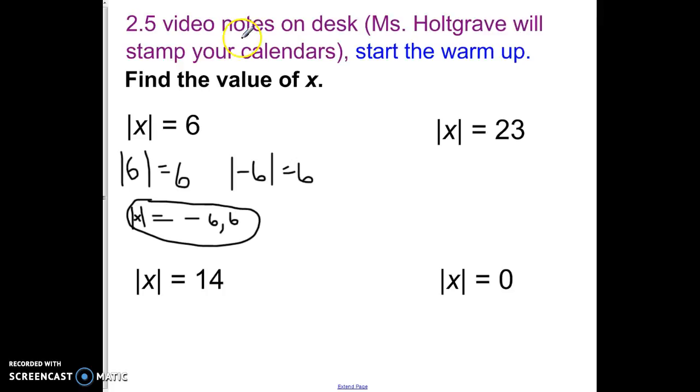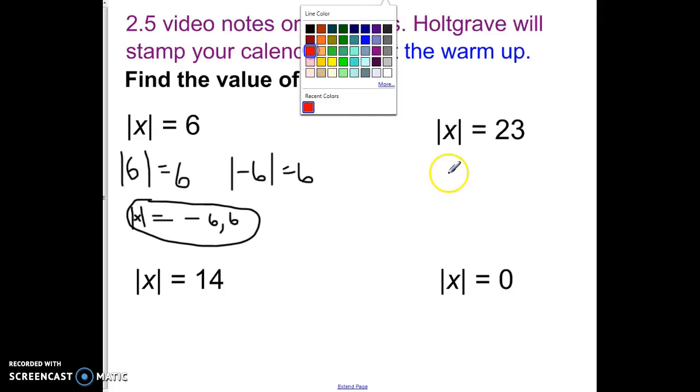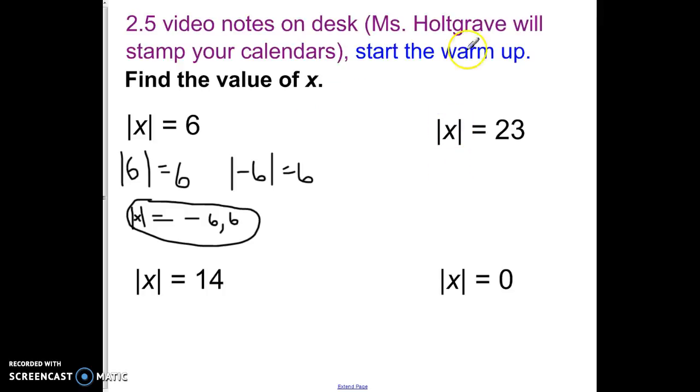I'll switch colors here. So when I'm looking at the absolute value of x here and I'm trying to get a positive 23, I should know that x can equal both a negative 23 as well as a positive 23. The absolute value again is the distance from 0.